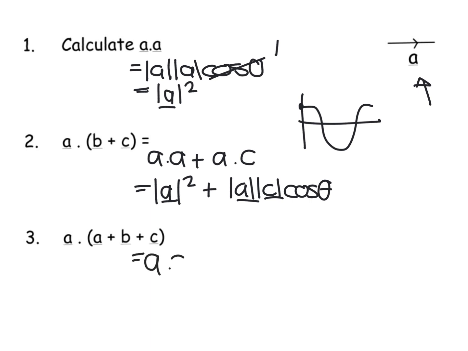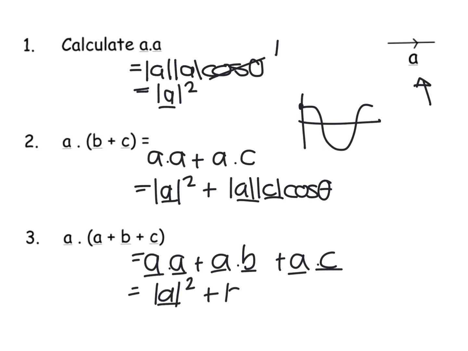We can write that as A dot A plus A dot B plus A dot C. And then we can think, well, A dot A is just magnitude of A squared. And then A dot B would be magnitude A, magnitude B, cos, and I'm going to call it theta 1. And then the next one would be magnitude A, magnitude C, and cos of theta 2.